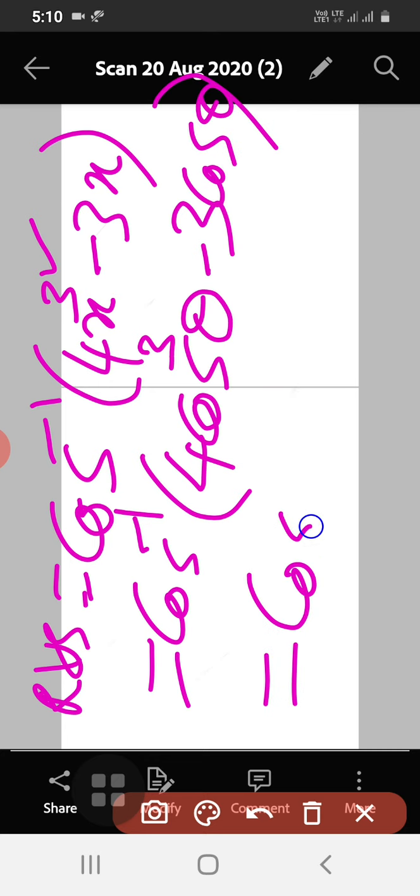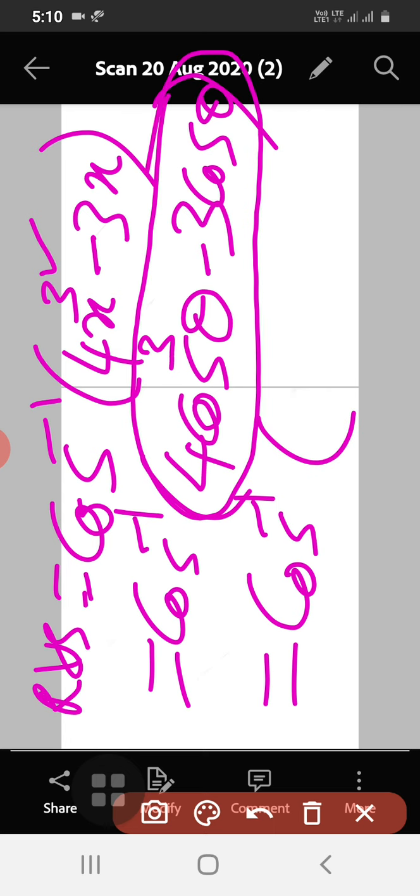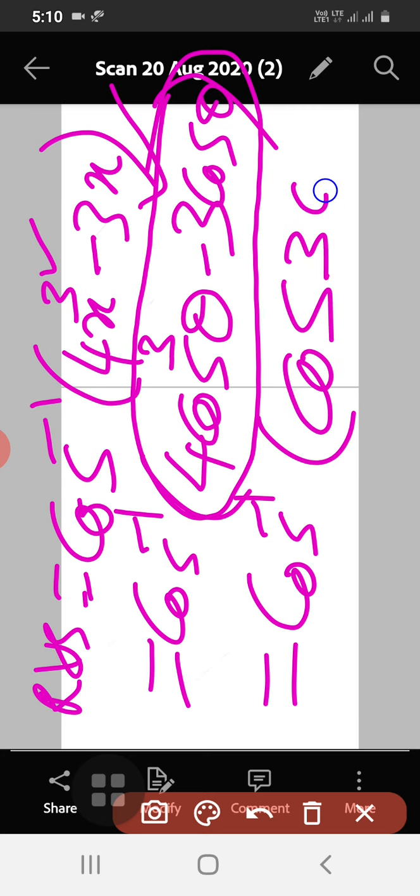Now this whole thing inside the bracket, remember this very important multiple angle formula: 4 cos cube theta minus 3 cos theta is equal to cos 3 theta.